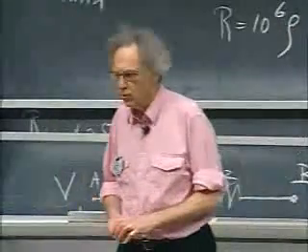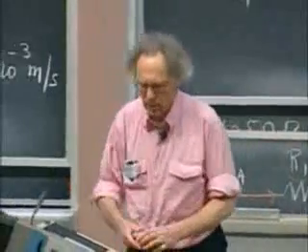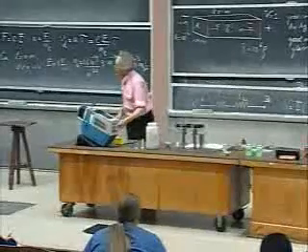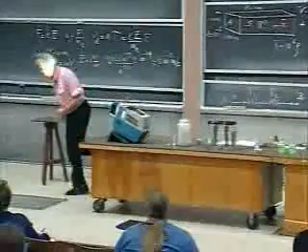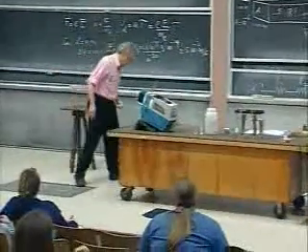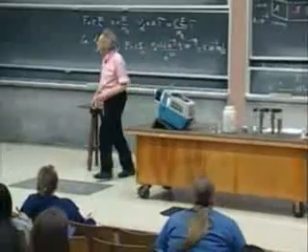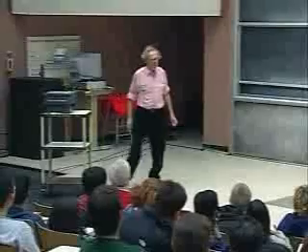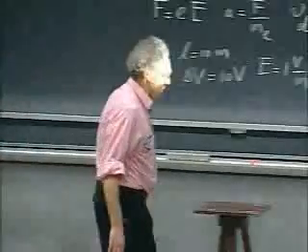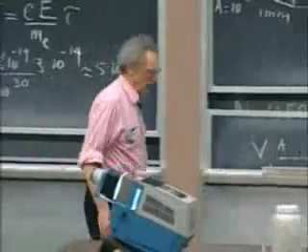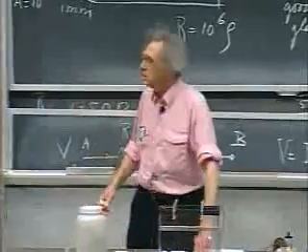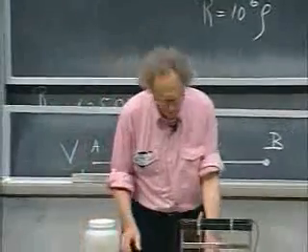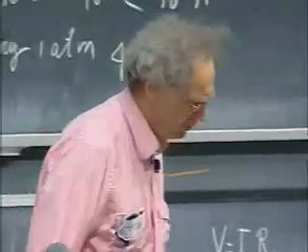And the way I'm going to do that is I'm going to put charge on the electroscope. Oh, that is not so good. No harm done. I'm going to put charge on the electroscope, and you will see that the conductivity of air is so poor that it will stay there for hours.